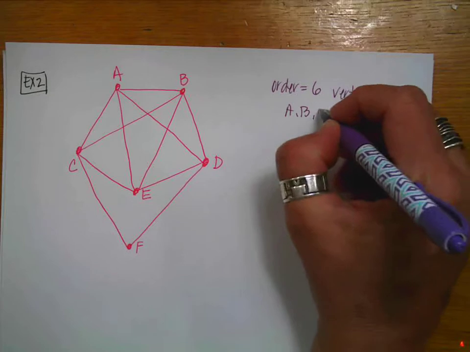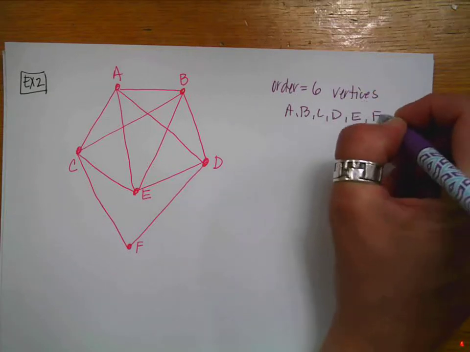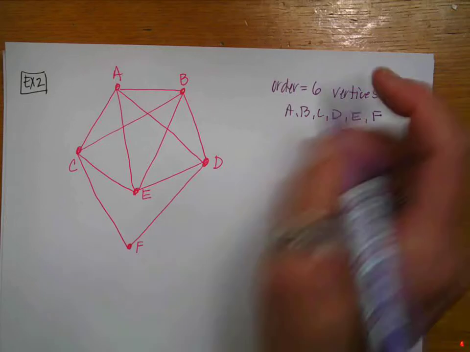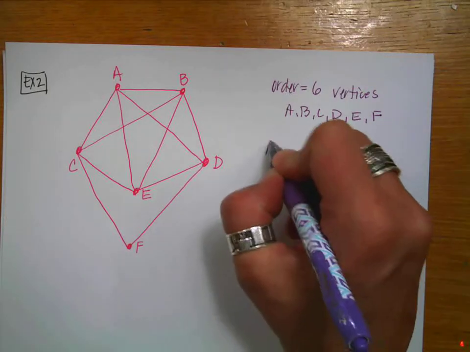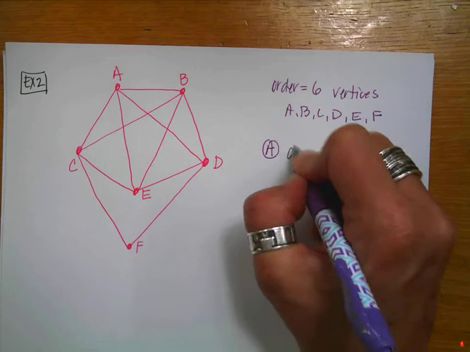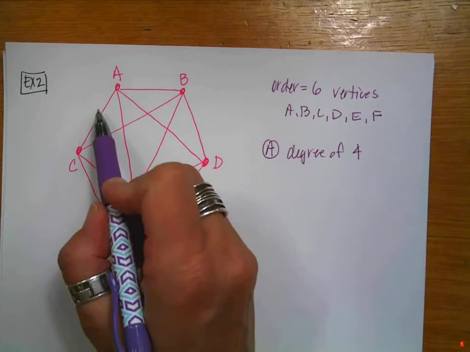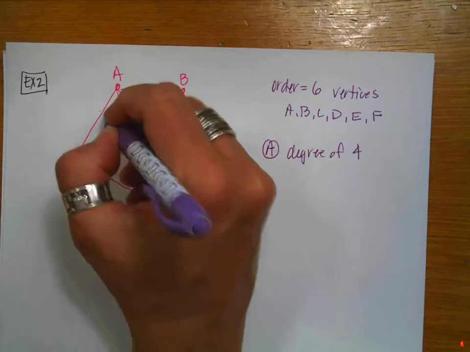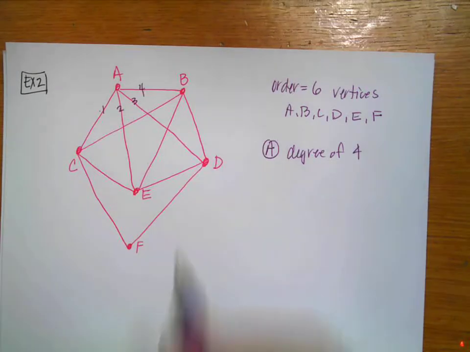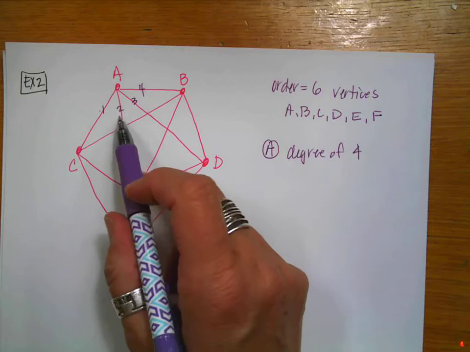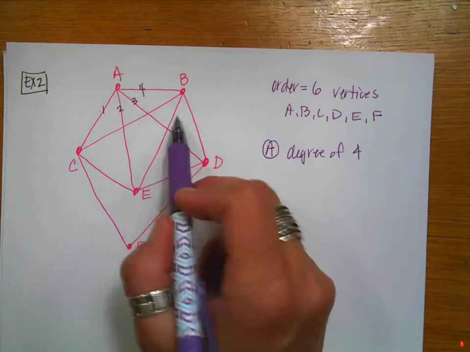If I needed to, I could list them: A, B, C, D, E, and F. The next thing I want to talk about is some interesting information. Vertex A has a degree of 4 because I have 1, 2, 3, 4 edges that come out of A.